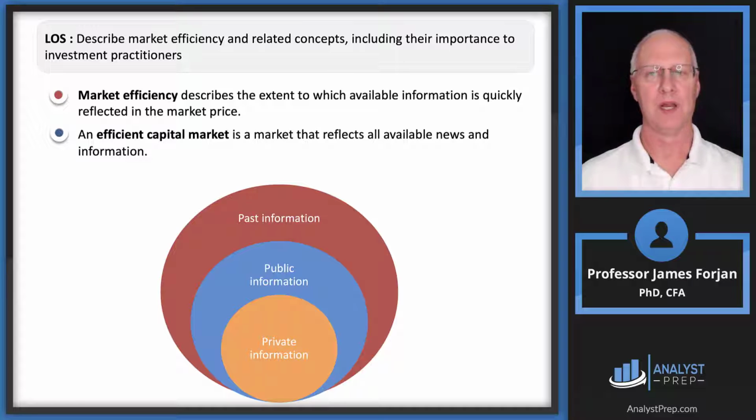And so an efficient market then has to be a market like the floor of the New York Stock Exchange that reflects all of that relevant and publicly available information. I mean, you can't imagine that on the floor of the New York Stock Exchange, if in fact everyone's trading and everyone's happy, and all of a sudden there's an announcement that says something like, oh, the Fed decided today that interest rates are way too high.